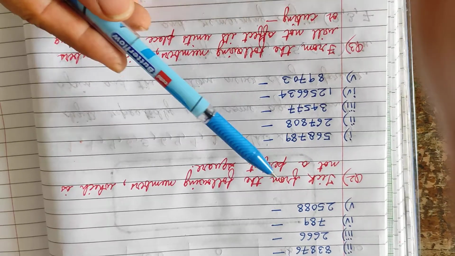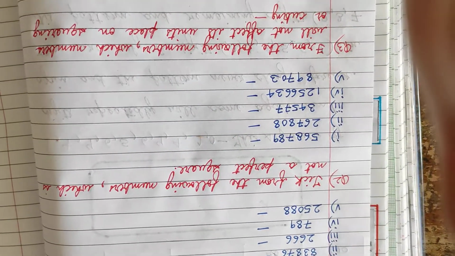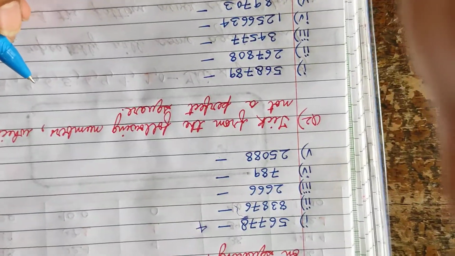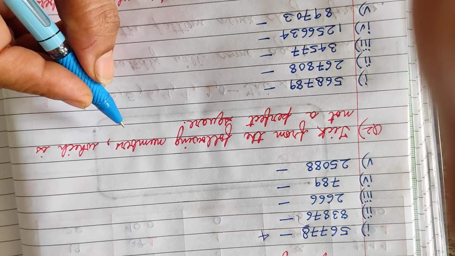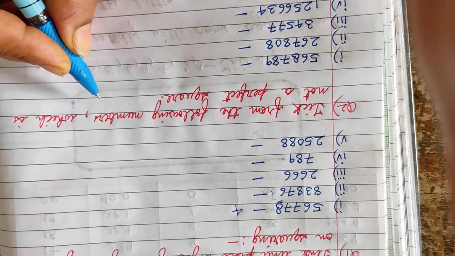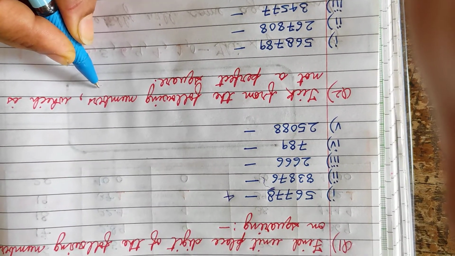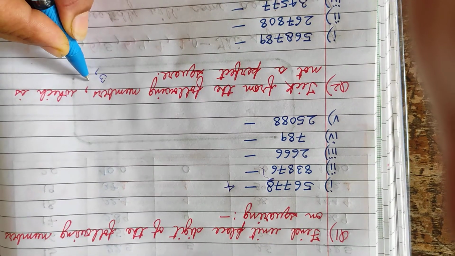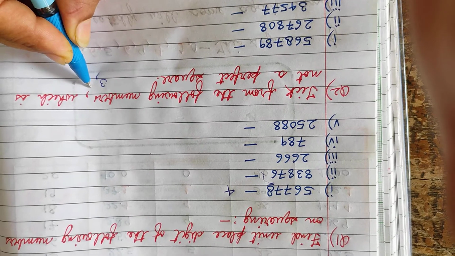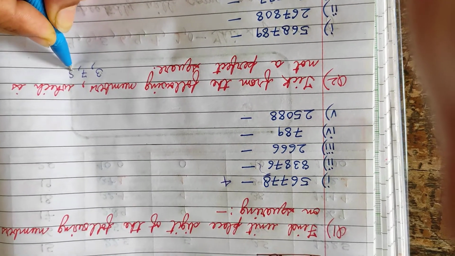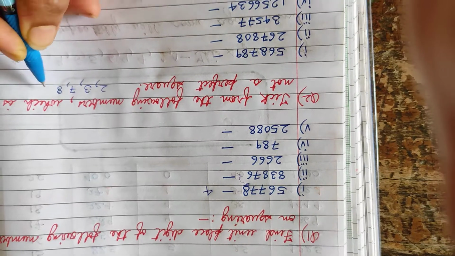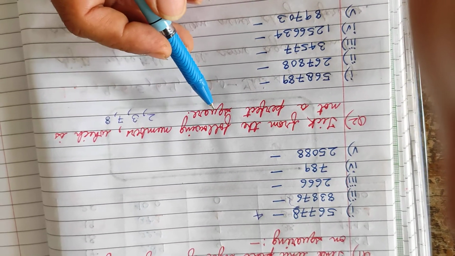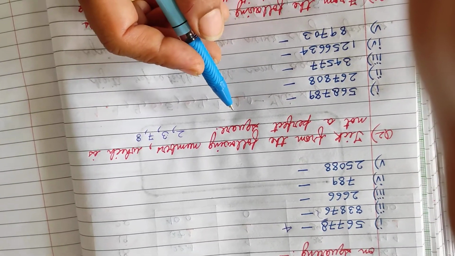Second question is, tick from the following numbers which is not a perfect square. So what we have to remember, beta, are the digits which can't be there at the unit place in square numbers. What are these, beta? 3, then 7, 8 and 2. 2, 3, 7 and 8 can't be there at unit place. So we have to tick the numbers which are not a perfect square.